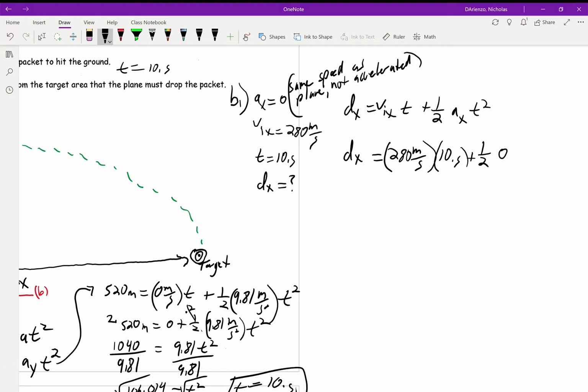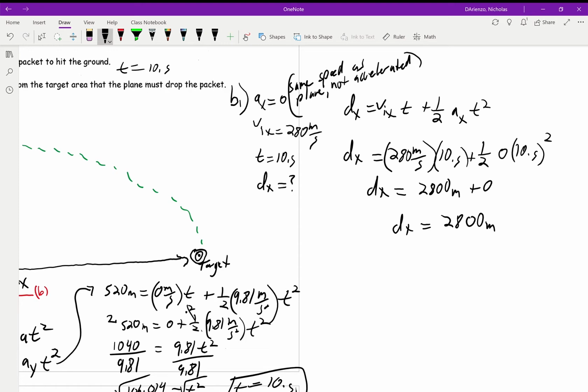So acceleration in the x is 0 times 10 seconds squared. 1/2 times 0 times 10 squared, well, that gives us 0. And 280 times 10 gets us 2,800 meters. 2,800 plus 0 gets us 2,800 meters.